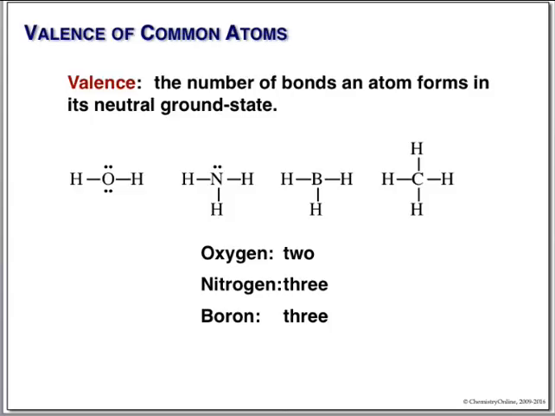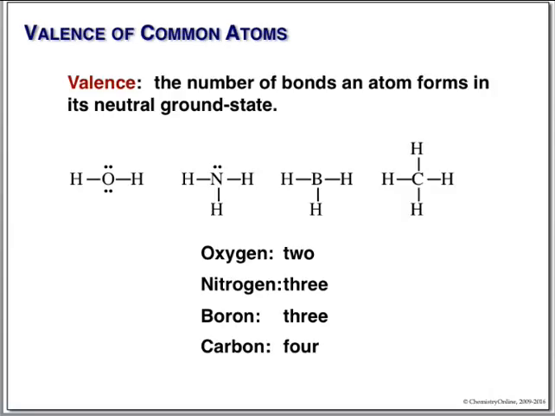The word valence in chemistry basically describes how many bonds an atom will form in its neutral ground state. Oxygen will form 2 bonds, as in water, and the valence is 2. Nitrogen is 3. Boron is also 3.